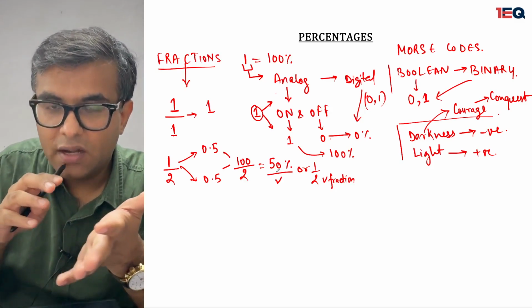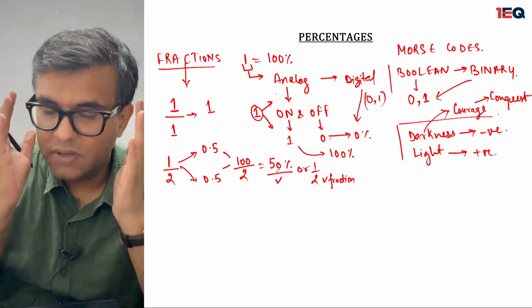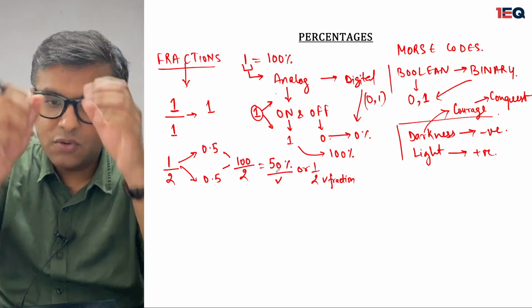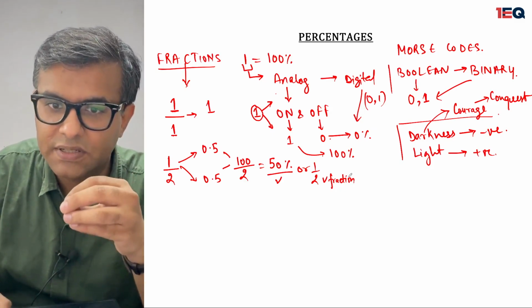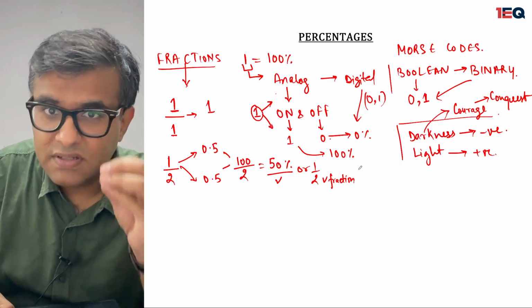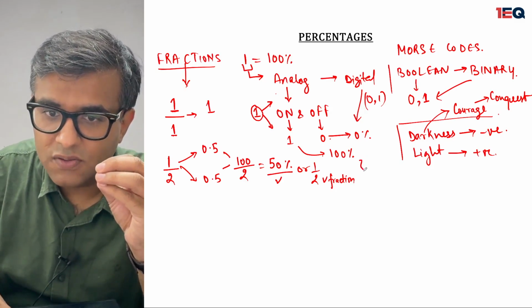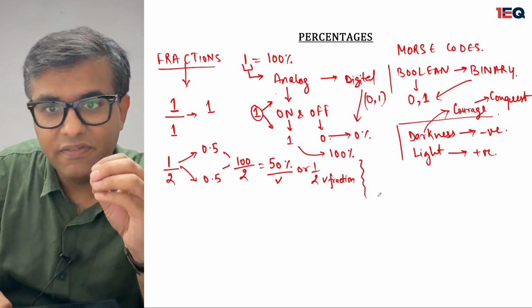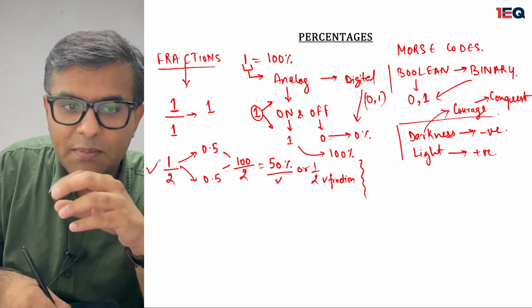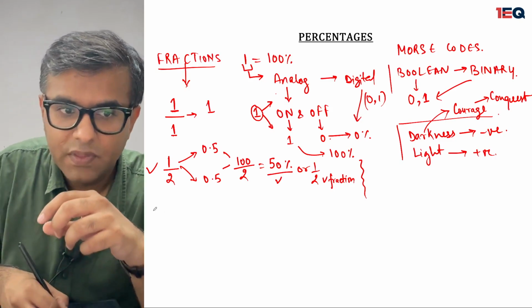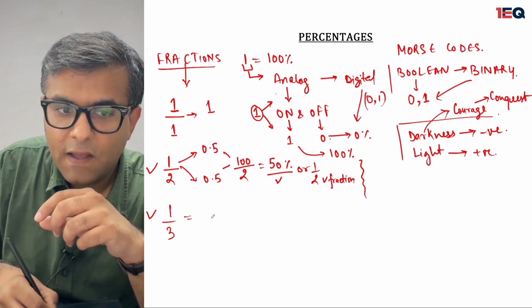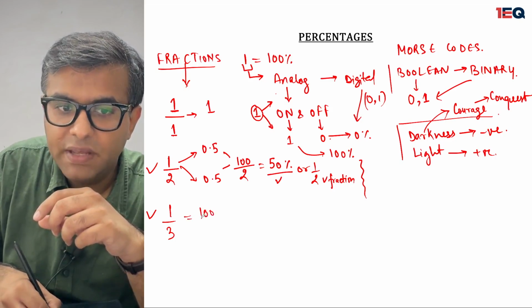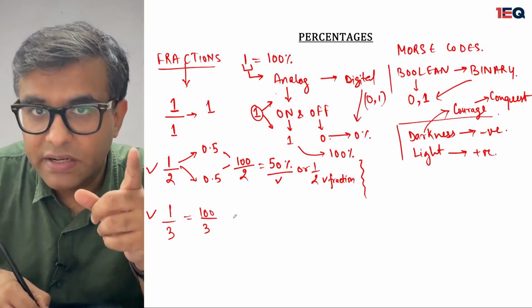I really want you to have your night vision on. I really want you to have your torches on and dig very deep with me in percentages, because somebody who fears maths will also be able to crack this very well. So 1 by 2 is equal to 50%. When I split it to 1 by 3, I talk about 100 being split into 3 equal parts.